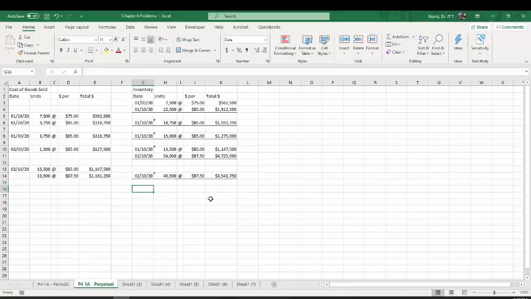Then on February the 28th, we're going to sell 25,500. Well, that has to come from the only remaining inventory that we have, and that is at a cost per unit of $87.50. And what does that leave us?